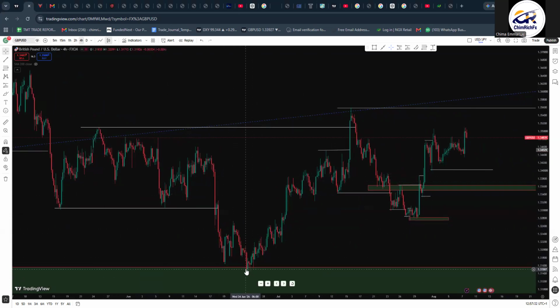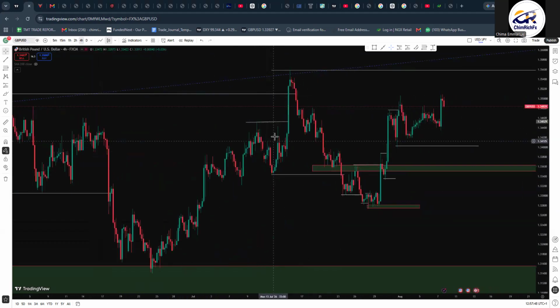And then when price tapped into the order block, you could see we have a very strong bullish move, which took out this high. The moment price took out this high, it signifies a potential change of character.